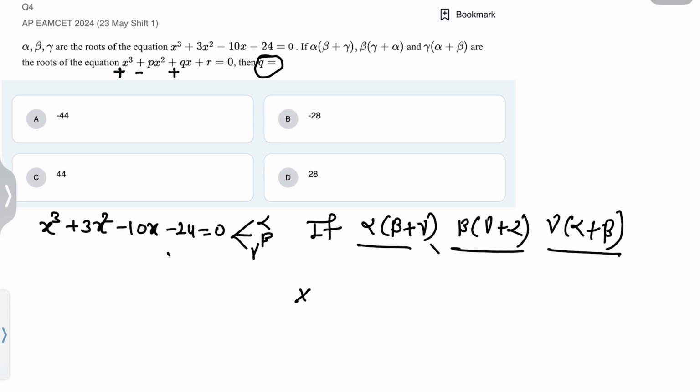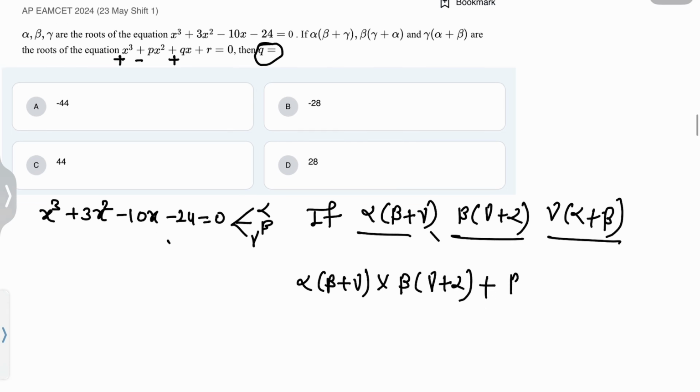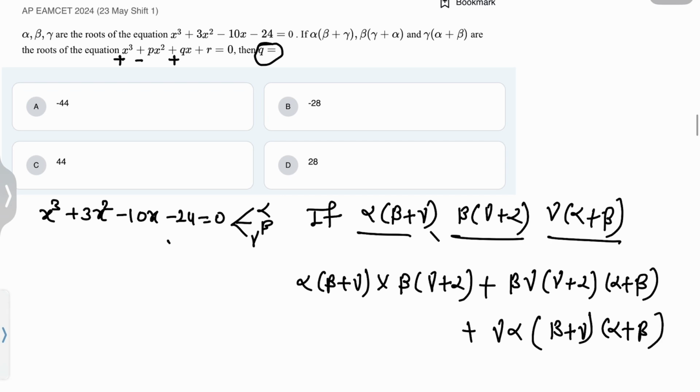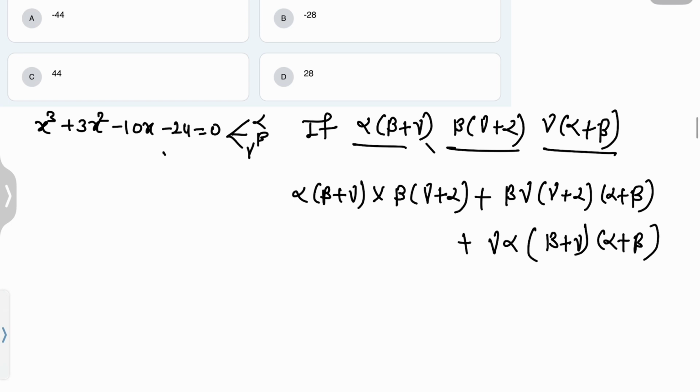The first product is alpha beta gamma multiplied by beta gamma plus alpha. The second is beta gamma plus alpha multiplied by alpha plus beta, and the third is gamma alpha plus beta multiplied by gamma and alpha plus beta, right? Firstly, alpha plus beta plus gamma is equal to minus 3.